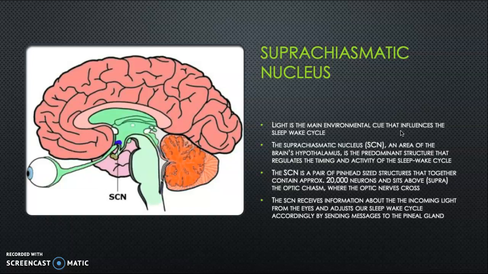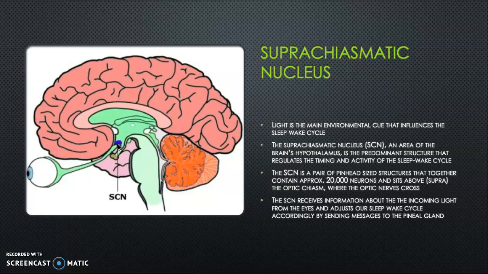In particular, we are looking at something called the suprachiasmatic nucleus. And this is a tiny little part of the brain's hypothalamus. It's just above our optic chiasm, which is where the optic nerves cross over to connect to the brain.